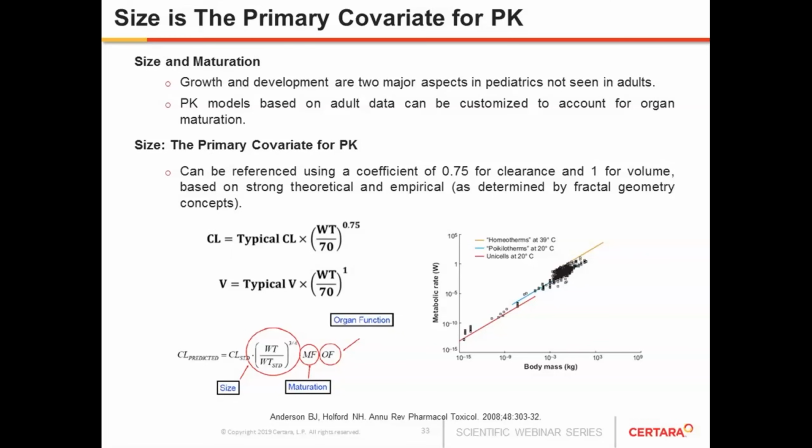The equation of clearance can be customized to take into account the size effect, so the allometric function, the maturation function, and also the organ function. The size effect is usually used with fixed exponents, but more and more regulatory agencies are asking to see the models driven with both the theoretical, so the fixed, and the empirically estimated exponents in order to compare.